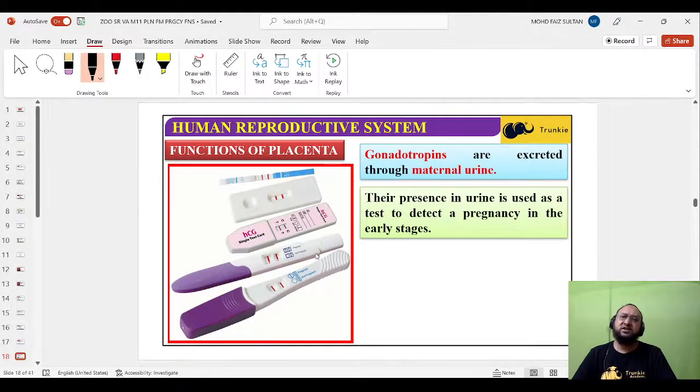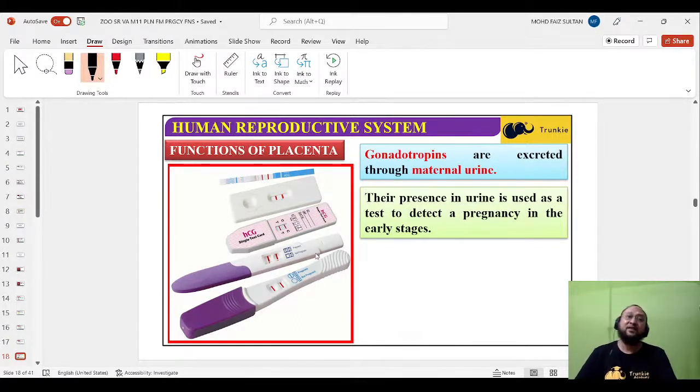Gonadotropins are excreted through maternal urine. Once its function is over, it is excreted through maternal urine. Their presence in urine is used as a test to detect pregnancy in the early stages. This gonadotropin is a hormone, a chemical substance, which after its function is excreted in the maternal urine.